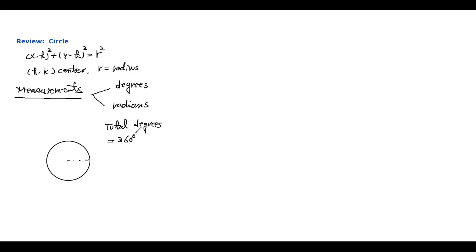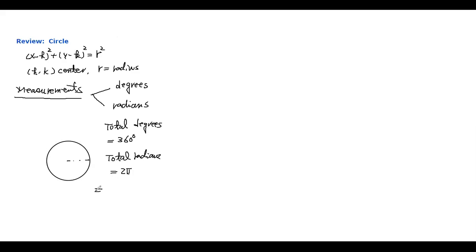The same way, we can use radians. The total radians of the whole circle is 2 pi. That means if you start here and go around the whole circle, it equals 2 pi. Because the whole circle is 360 degrees, it is also the same as 2 pi radians.